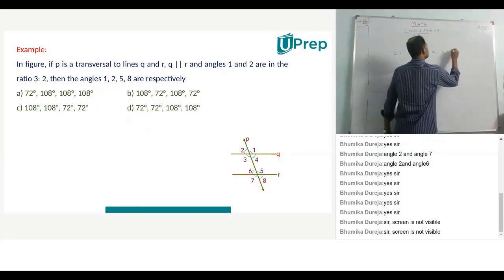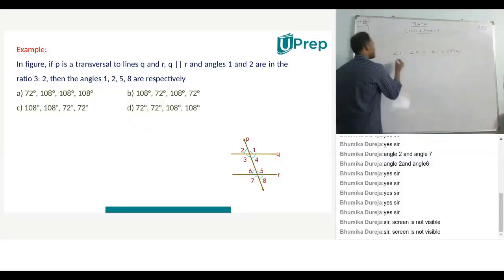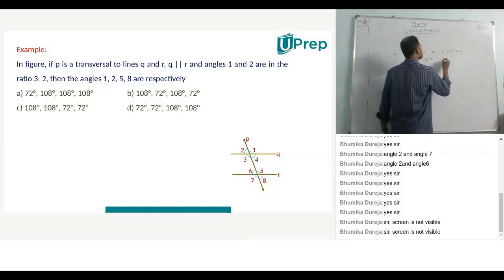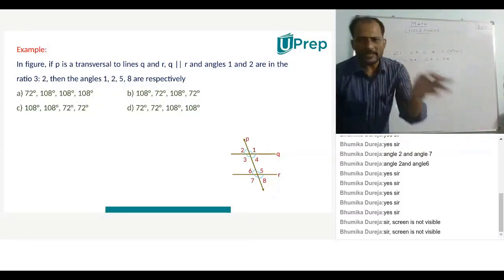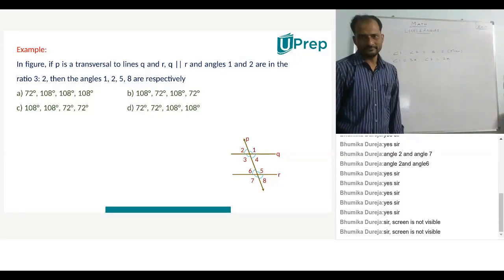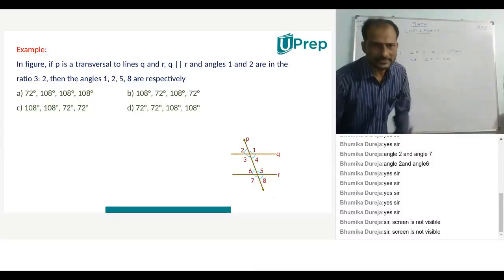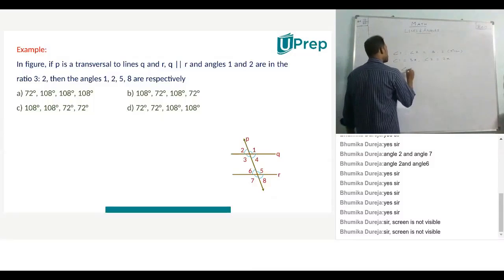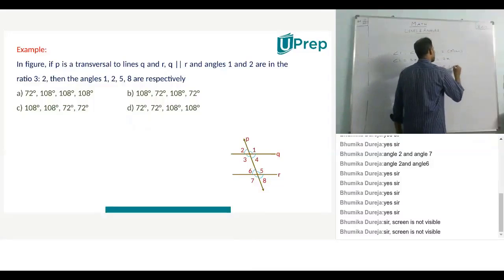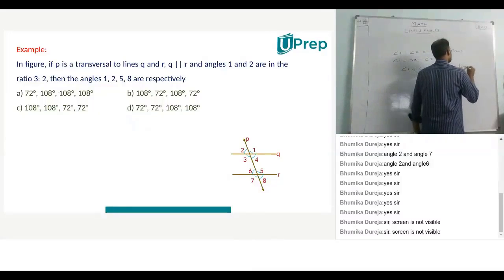It is given. So let us suppose that angle 1 is 3x and angle 2 is 2x. But they form a linear pair according to the question, right? So their sum will be equal to 180 degrees. Angle 1 plus angle 2 is equal to 180 degrees, since linear pair.